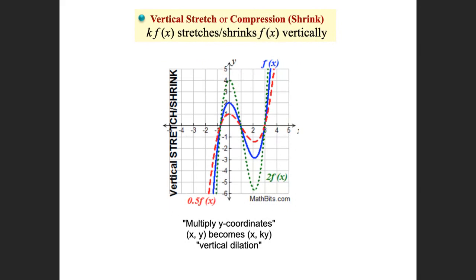Then if I put a number on the outside, this is where I call it fatter or thinner. If the k value is greater than 1, it's going to stretch the function on the vertical axis. And if it's less than 1 but greater than 0, it's going to shrink it on the vertical axis.